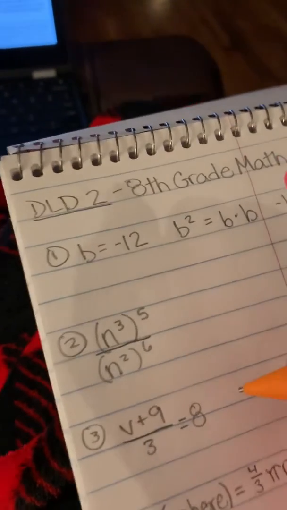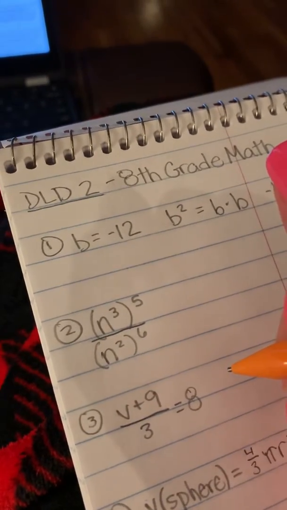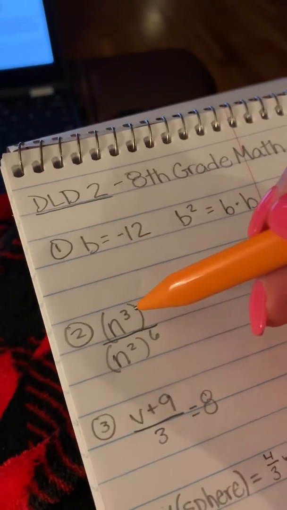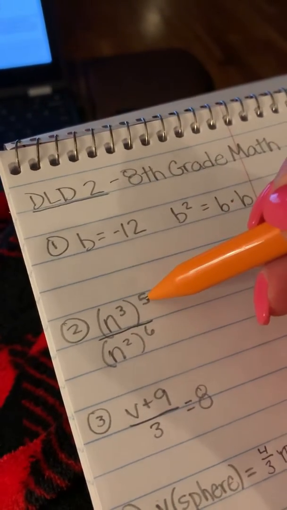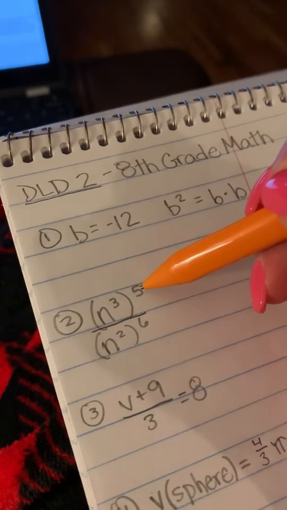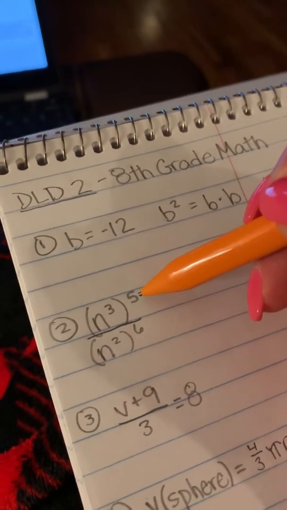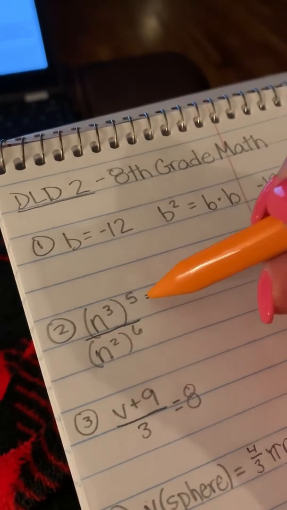Number 2, we have to remember our integer exponent operation rules. And yesterday we went over that a power to a power means multiply, because this would be n to the third power 5 times, which would be n 15 times.